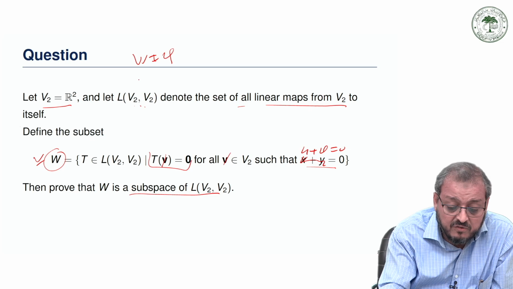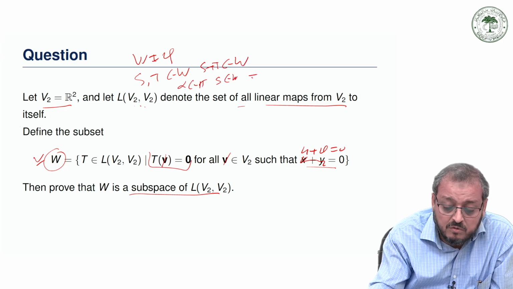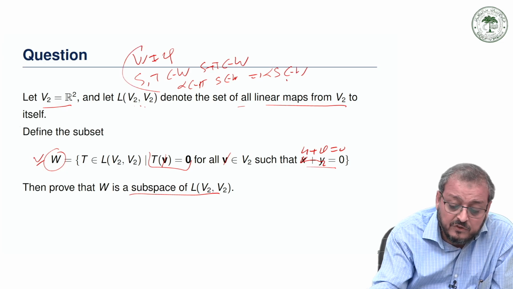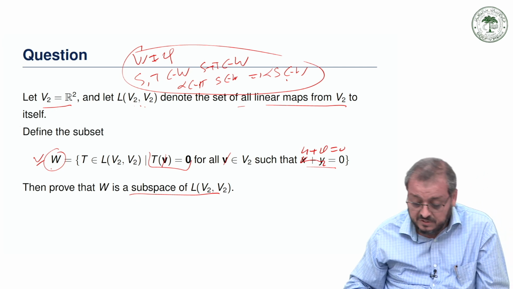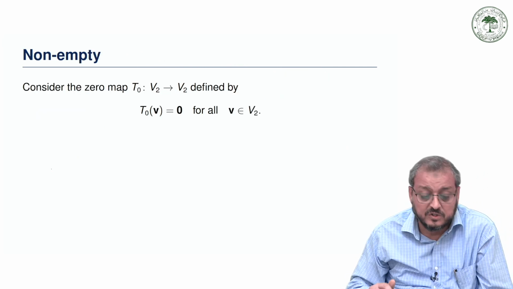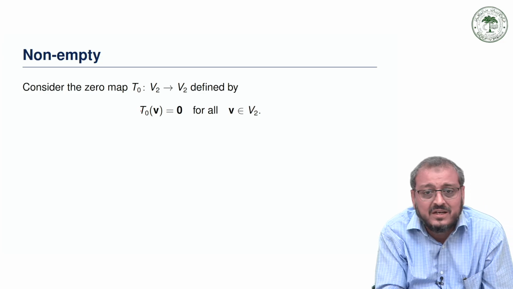For a subspace, if S and T are elements of W, then S plus T is also an element of W, and if alpha is an element of the field and S is an element of W, then alpha S is an element of W. If we succeed in proving these three conditions, then we can say that W is a subspace of the vector space. Now we consider the zero map, T0.